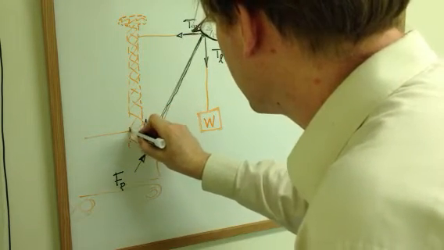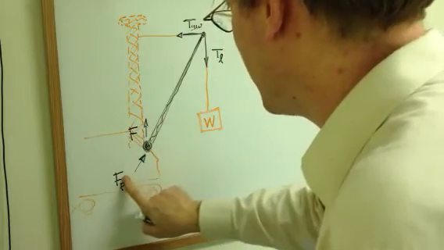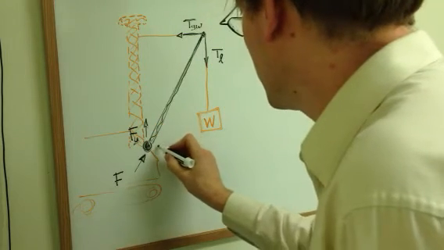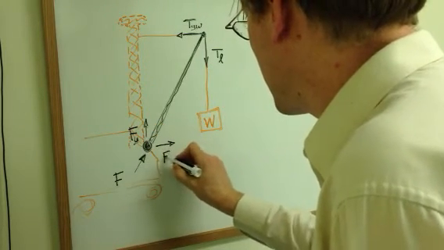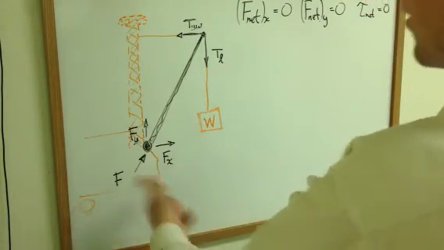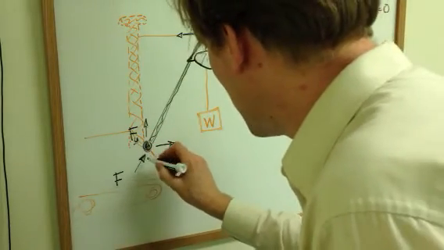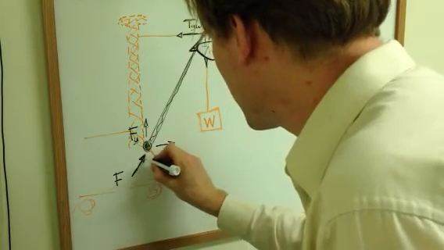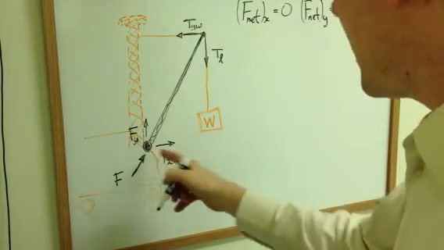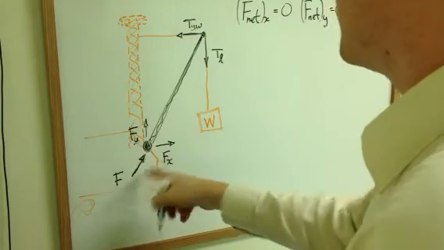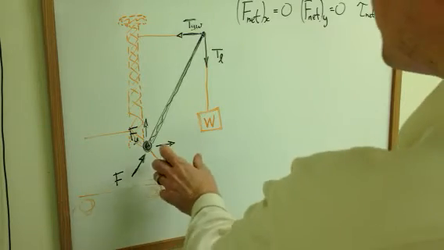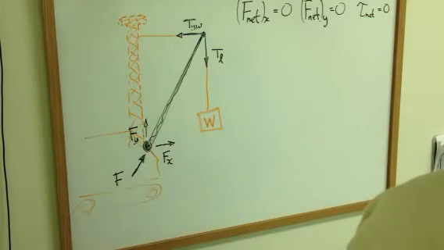I'm just going to call it unknown F. There's a Y component and an X component, and these two components are going to combine to make this unknown. This is not three different forces. This is one unknown force. It has some Y component and some X component, and they'll combine together to make some force. I don't even know what direction they are. When I solve for them, if they're negative or positive, that will give me a sense of direction.